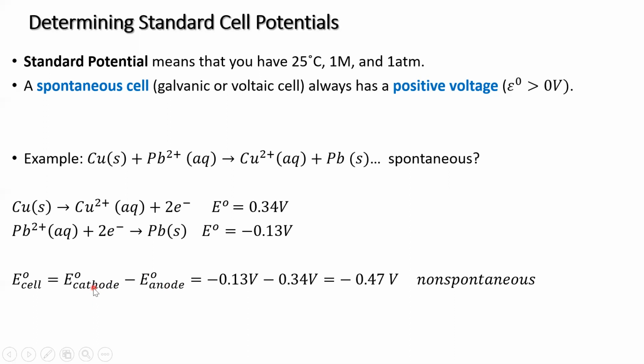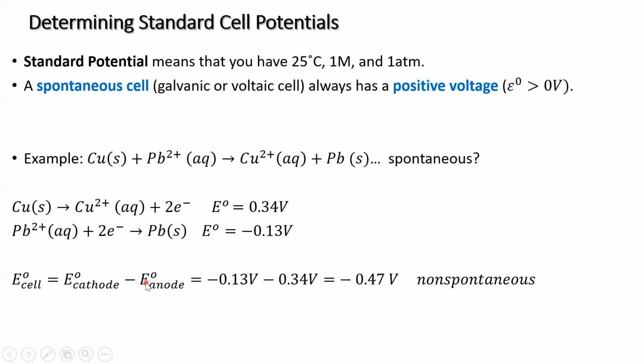Reduction takes place at the cathode, and lead ions are being reduced in this reaction. So for our E for our cathode, we're going to put in negative 0.13. Oxidation takes place at the anode. The copper atoms are being oxidized in this reaction.